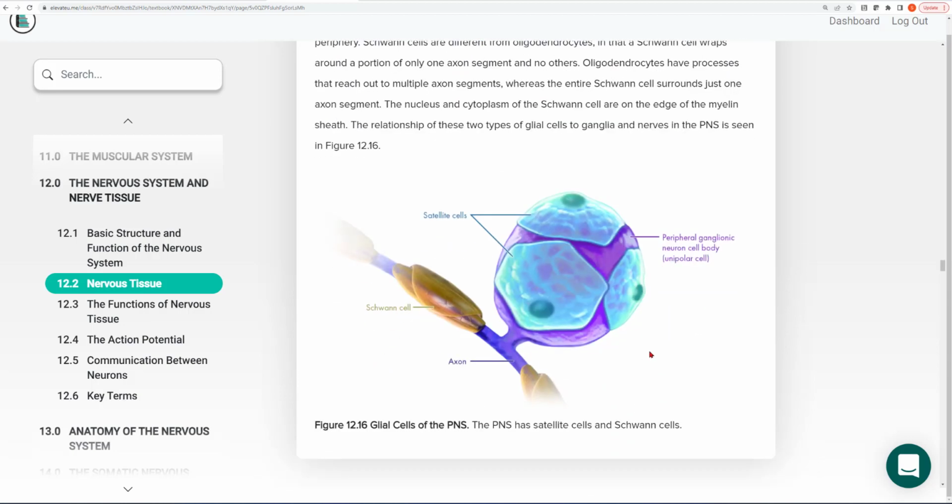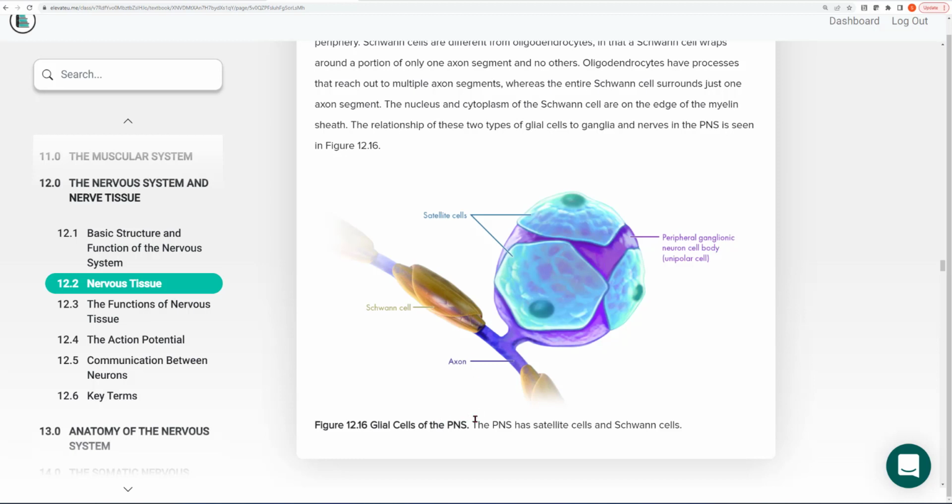Here is a cartoon representation of a satellite cell. So here is a unipolar cell body. Unipolar cell body, right? That one process coming off the cell body. And then here we see Schwann cells. So this is axon. We have Schwann cells.